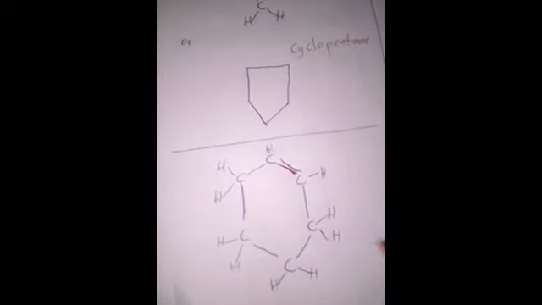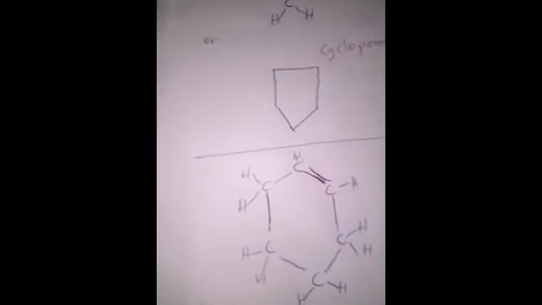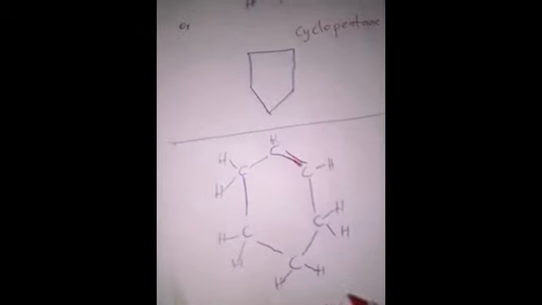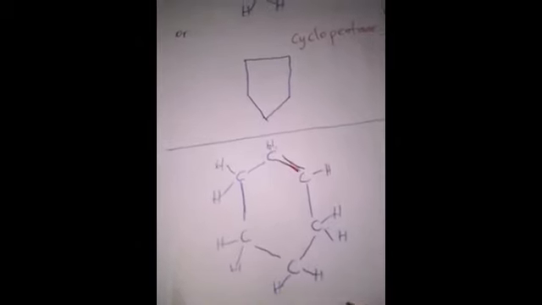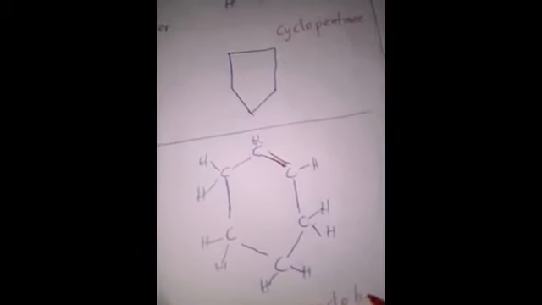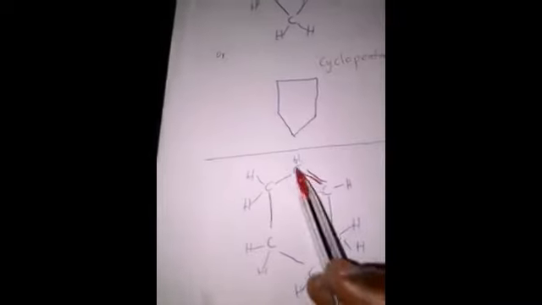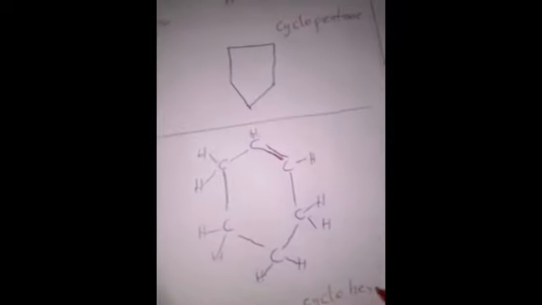The name for this one is going to be trichloropentane, and it contains cyclohexane. Don't worry about the naming, we'll be talking about naming very soon. So that is an alicyclic compound.